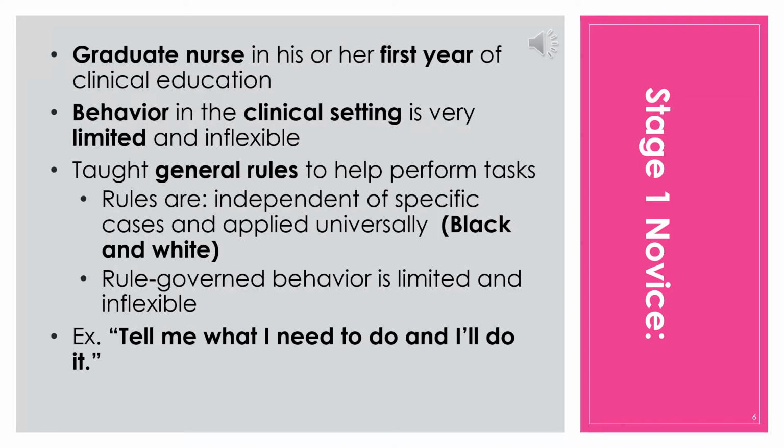So in that beginner phase, that novice phase, they're coming to you and they're very task focused. They'll actually still be pretty task focused when they get off of orientation. But they're coming to you with the general rules that they learned in school. They're very black and white. They may ask things like, that's not the way I learned it in school, and that's okay.